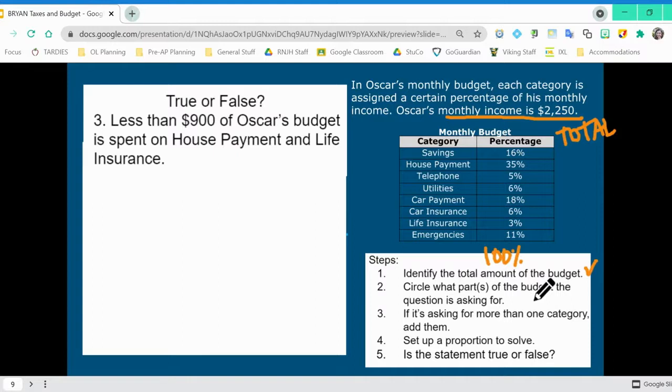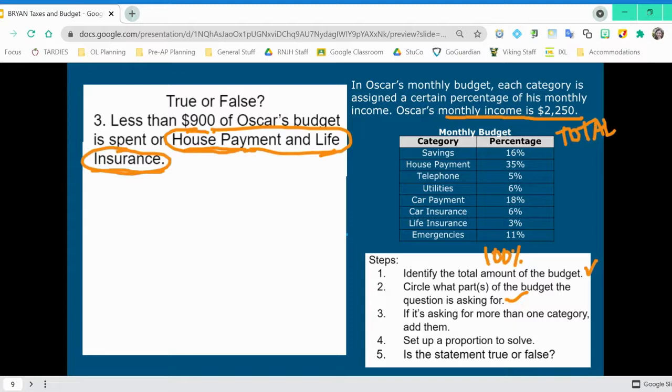Circle what part of the budget the question is asking for. So the question says less than $900 of Oscar's budget is spent on house payment and life insurance. So we want to figure out what house payment and life insurance is. It says if it's asking for more than one category, add them up. So this is a situation where we have more than one category. It's asking about house payment and insurance.